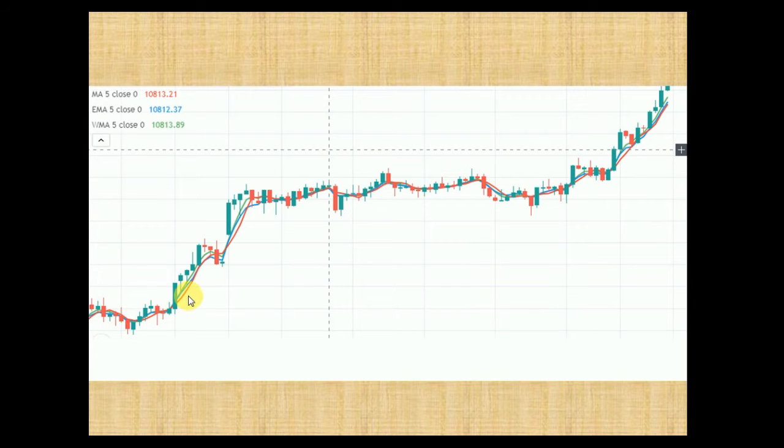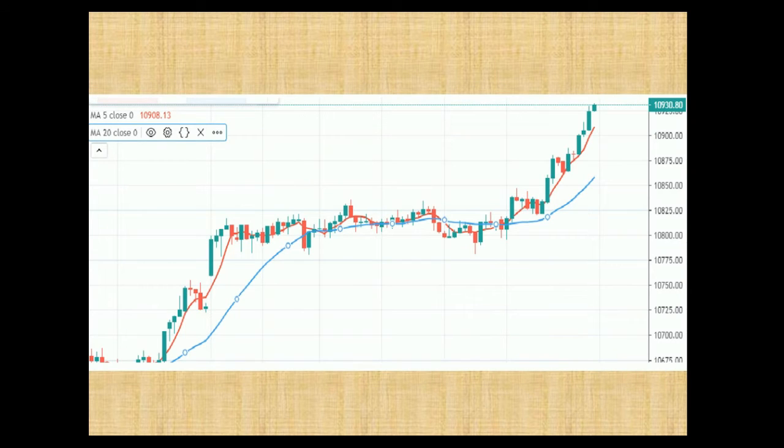So here you cannot see a drastic change in the movement of the moving averages. The moving averages have a small variation in the calculation, all three of them. As per me, almost all three move in the same way.